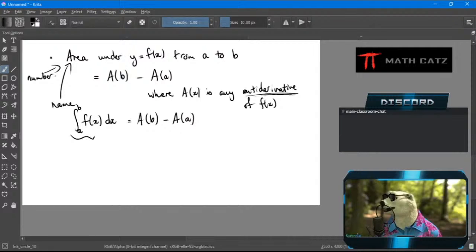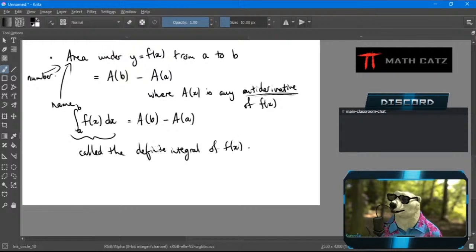And we're going to call this the definite integral of my function on some interval a to b. So by specifying the x values, I now know I am looking at an area specifically.